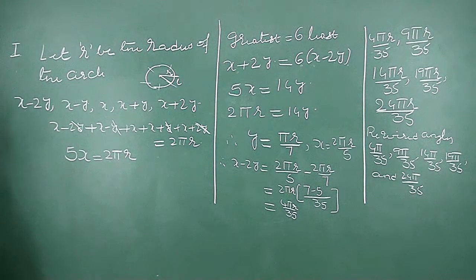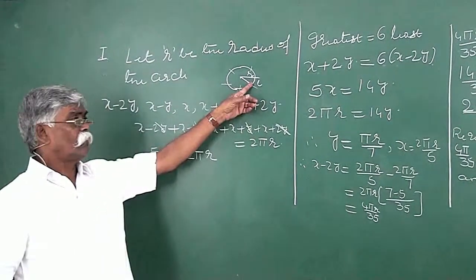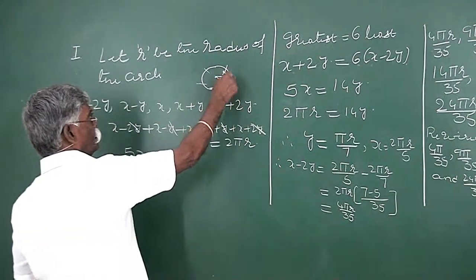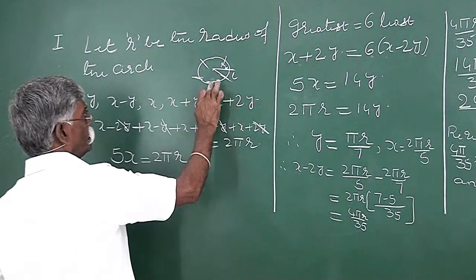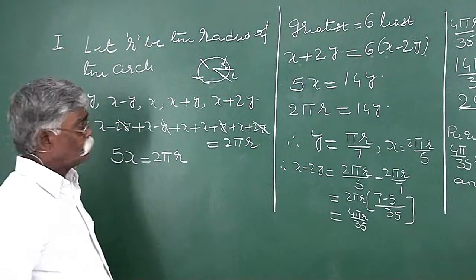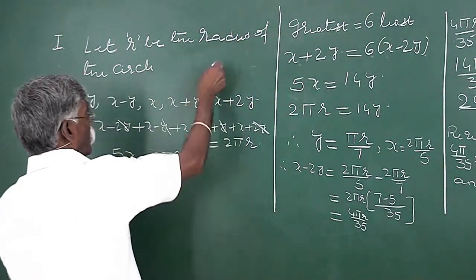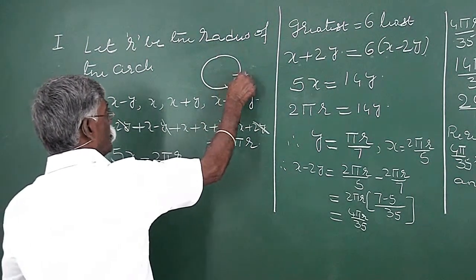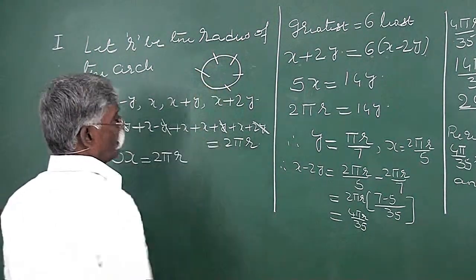So therefore we are taking the radius of the circle as small r, and now the 5 parts of the circumference are: 1 part, 2 parts, 3 parts, 4 parts, and 5 parts.